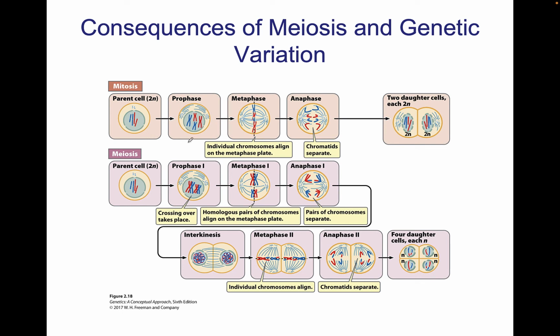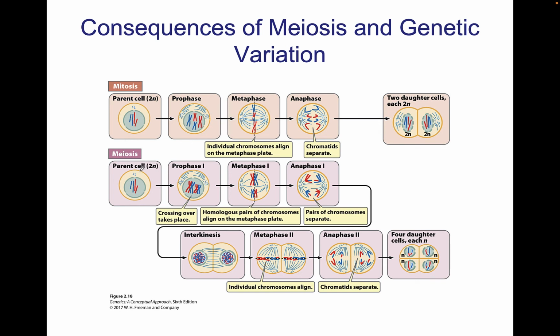All right, notice here, mitosis, you have the parental cell. It's diploid. It goes through prophase, metaphase, anaphase, and it produces two diploid daughter cells that are identical. Okay, you can even look at the genetic information to see that they are genetically identical.